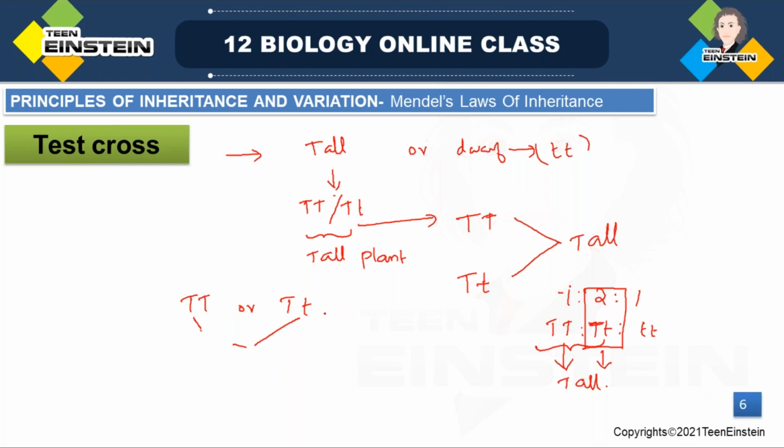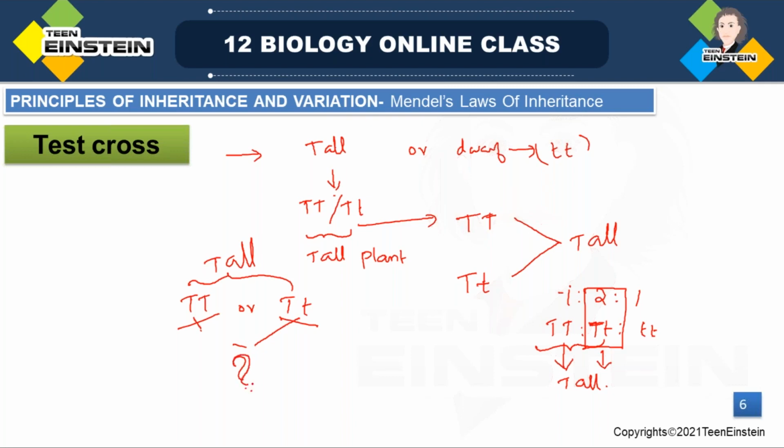test cross. So what Mendel did, Mendel crossed the tall plant from the F2. Okay, tall plant in the sense, see we need to find out the genotype of tall plant. Both are tall plant, right? We want to find out whether it is homozygous or heterozygous. That's the question. Okay.